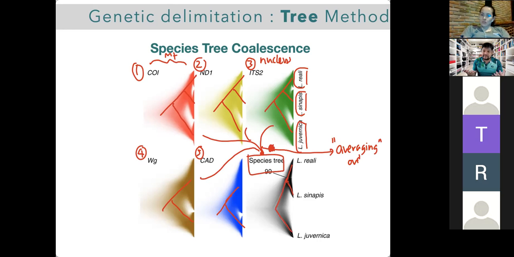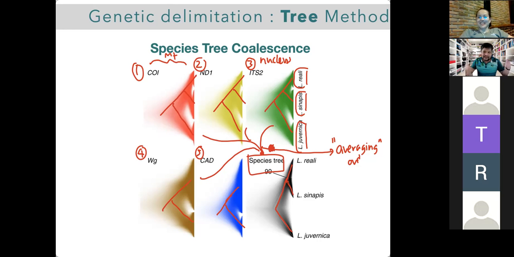This is where the species should be related based on different markers. It's like scheduling people on the same calendar. You all have different busy and free times, and you try to put everyone in the same room at the same time. Okay, guys, tell us what works for you. No, not Friday, not Wednesday, not Saturday, not ever.